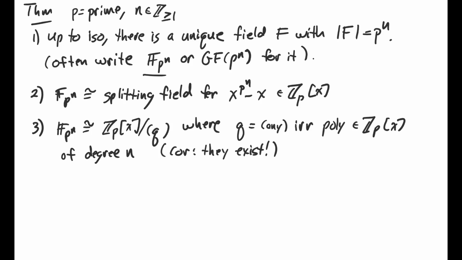Of any degree, there's always an irreducible polynomial there. All right, and finally part 4, though of course 4 will come before 3 when we prove it, is to note that the field of p to the n elements is always a simple algebraic extension. So just an amazing theorem. All right, let's get to the proof.